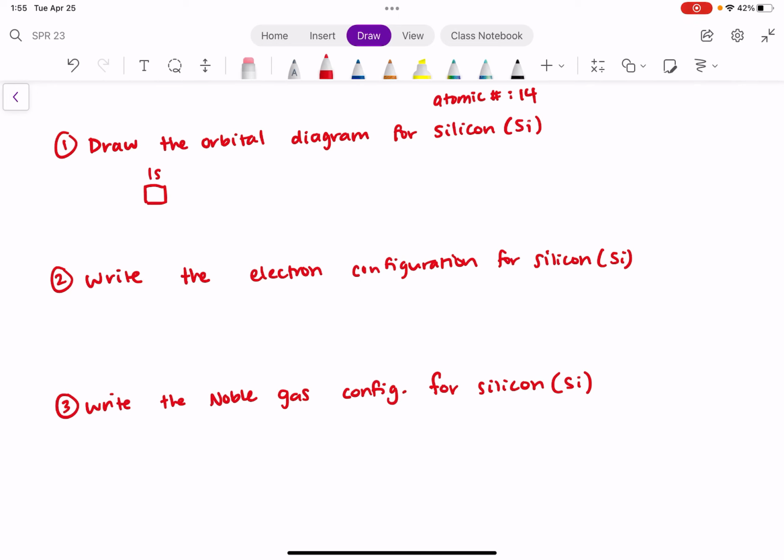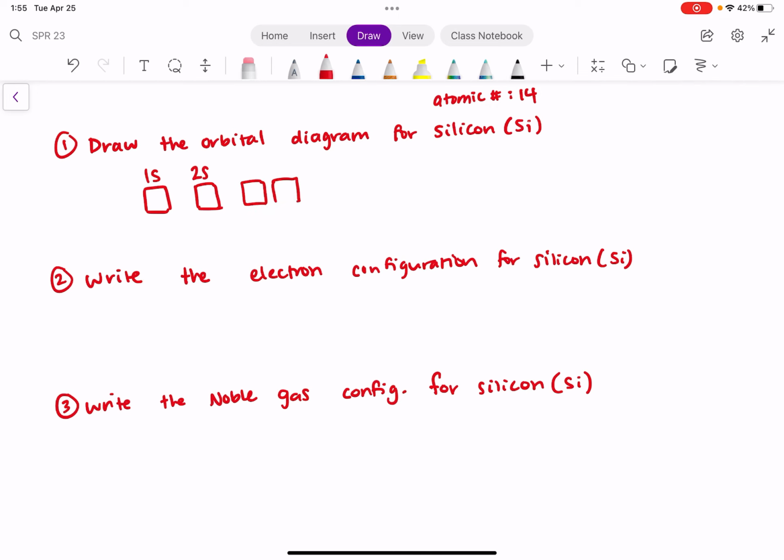Yeah, 1s. So I'm going to draw my boxes here. And you know what? I'm actually going to draw them a little bit bigger so that we can see it better. Okay, so here's my 1s. What's this next box that I've drawn? Is it a 1p? No, 1p doesn't exist, right? Just 1s. Okay, so I have my 1s. Now I go on to my 2s, right? What comes next?